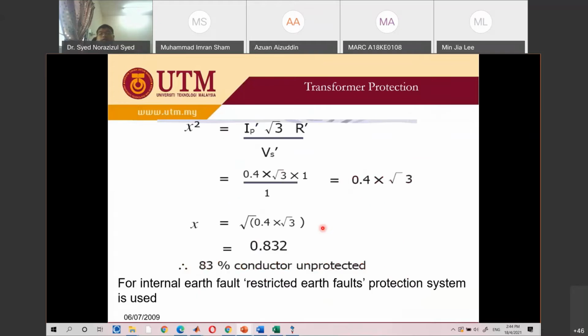So basically we only cover 83%. For an internal fault, a restricted fault protection system is used.